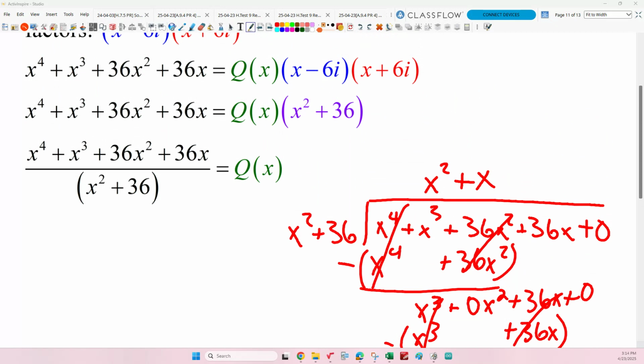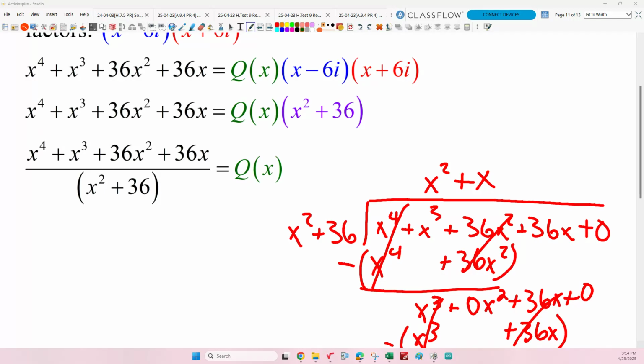So can I factor this any further? Yeah, you can actually. How can I factor that one further? What do they have in common?